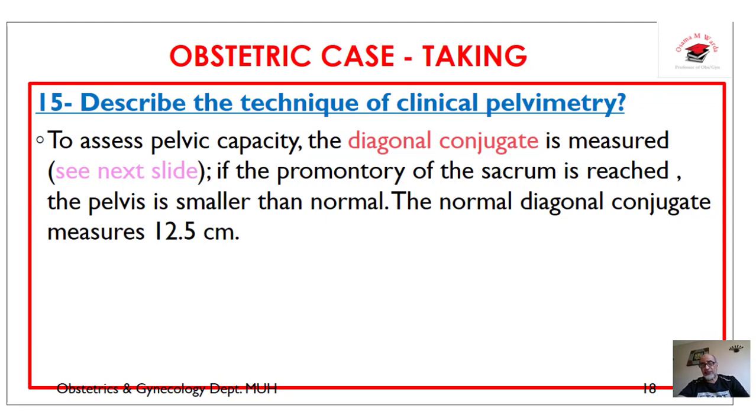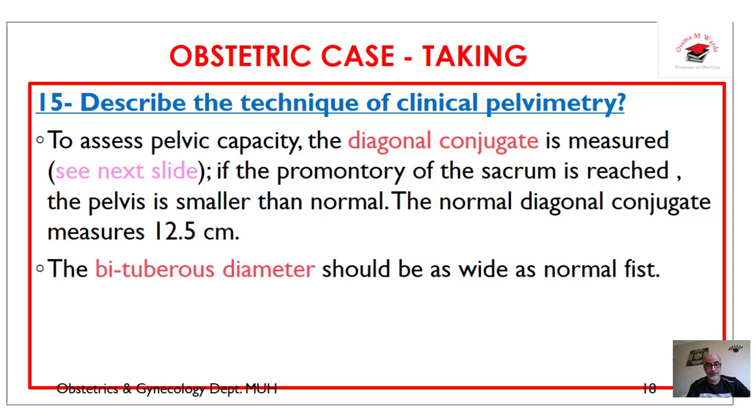So if it is 12.5 centimeters or more, when we subtract 1.5 centimeters, the anatomical anteroposterior diameter is 11 centimeters, and this is the normal length of the anatomical anteroposterior diameter of the inlet.